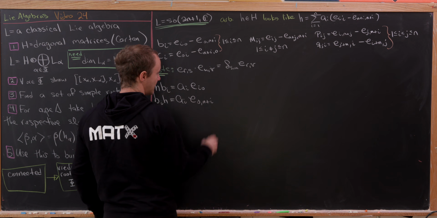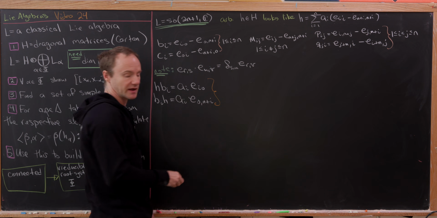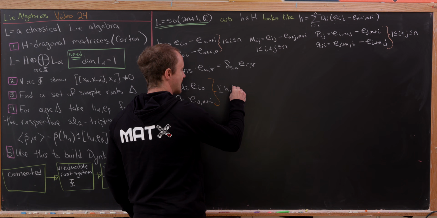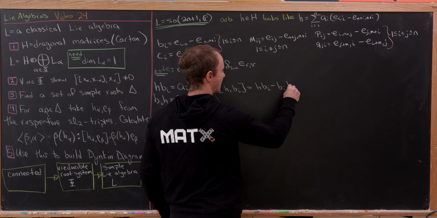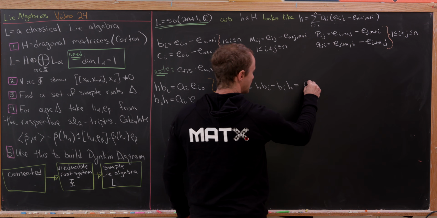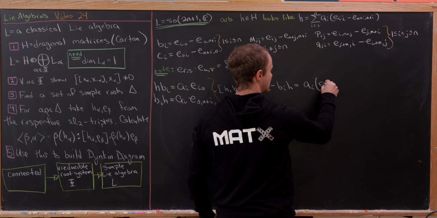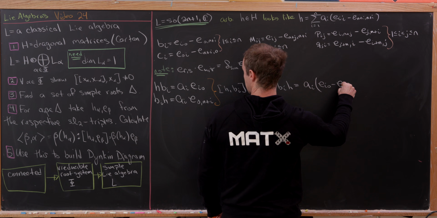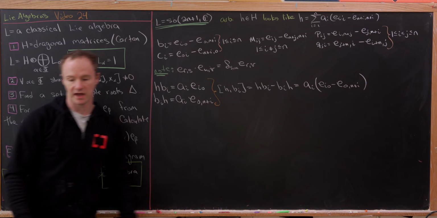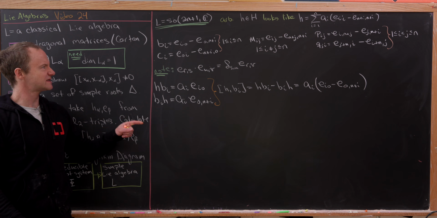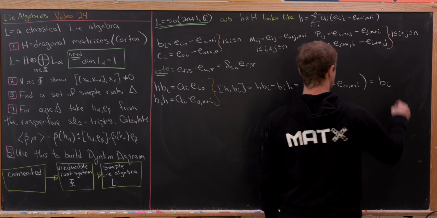From that, and the fact that the bracket of a matrix Lie algebra is simply the commutator, the bracket of H with BI, which is HBI minus BIH, ends up being AI times EI0 minus E0,n+I. Okay, cool. But notice that that's exactly BI again. So this is equal to AI times BI.